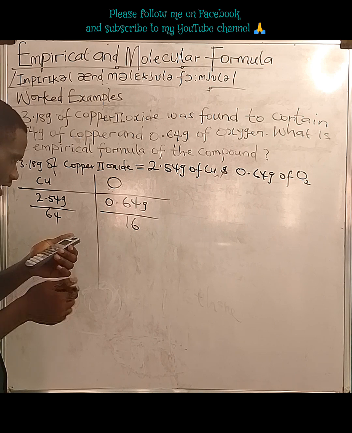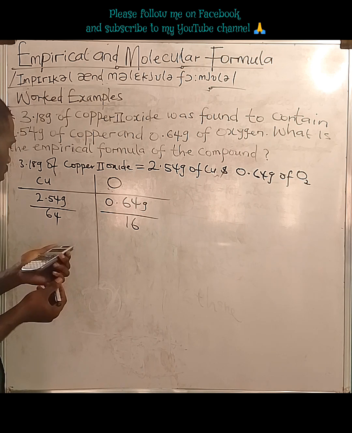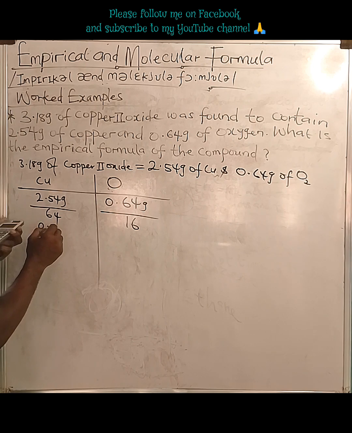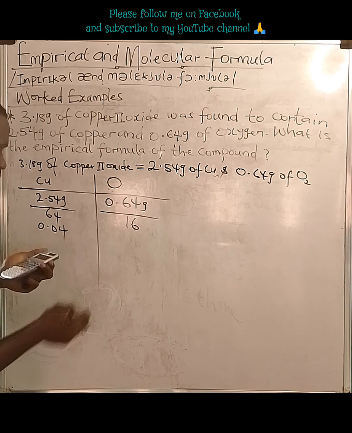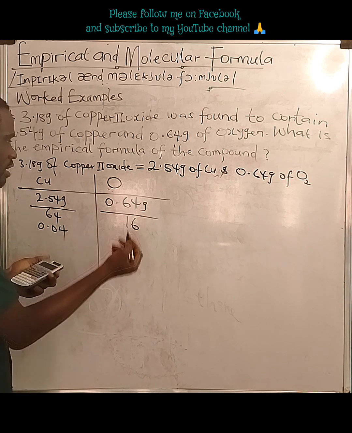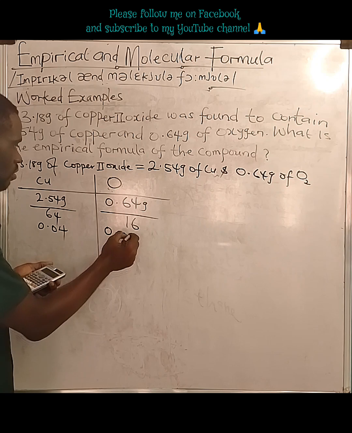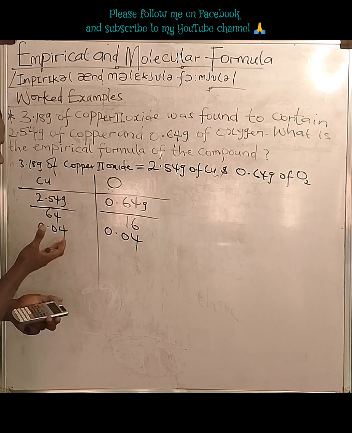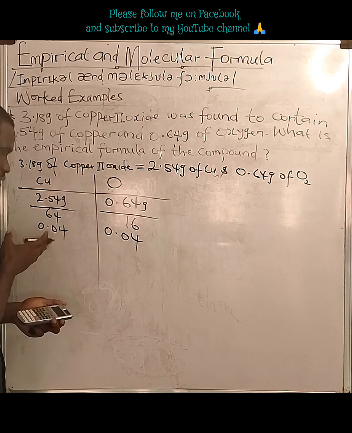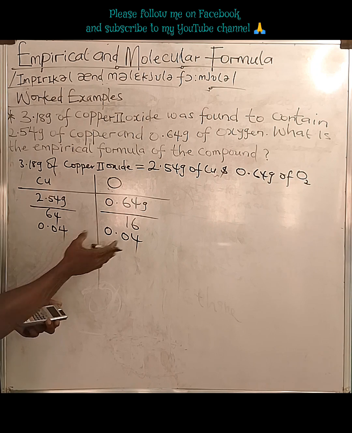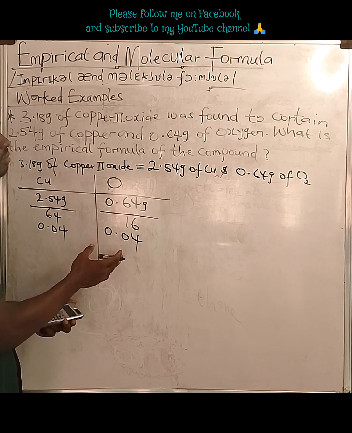What do we have? We have 0.039. So we can call that 0.04 approximately. While this 0.64 divided by 16 will give us 0.04 also. So you have 0.04 moles of copper, while you also have 0.04 moles of oxygen.